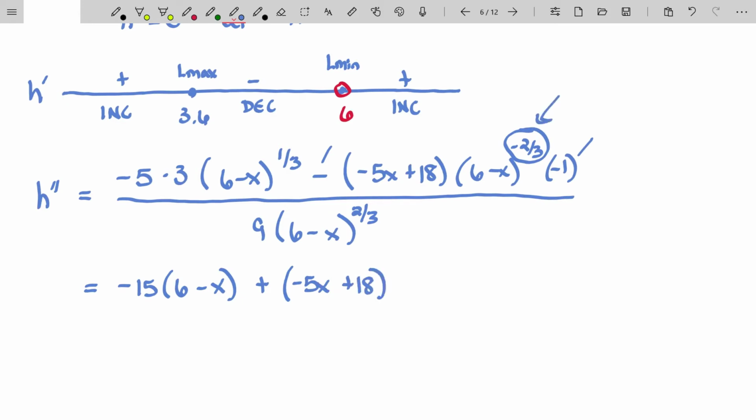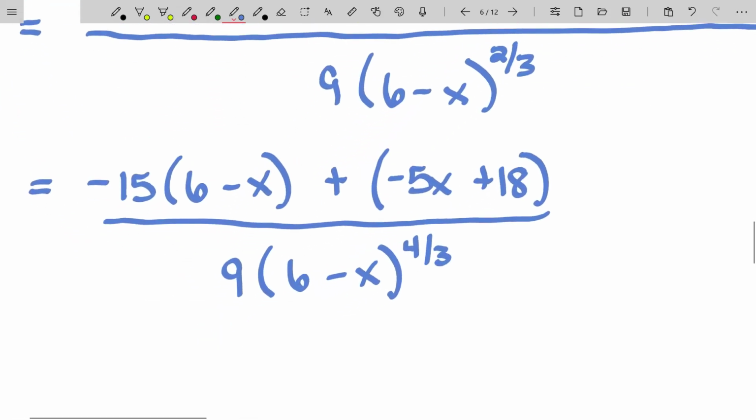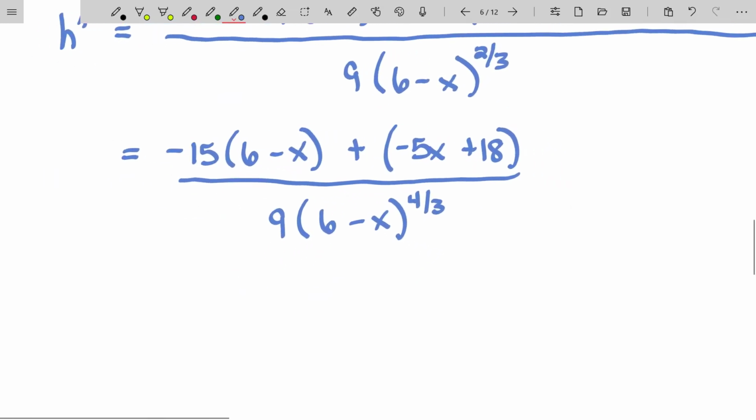I add 2/3 to that power, so it's to the 0th power, so it's gone. And downstairs, 9, and I add 2/3 power to the exponent there, so it's 4/3 power. And again, this is kind of nice. That denominator will always be positive. Well, except for at 6, but it'll be positive otherwise. So that's kind of nice.